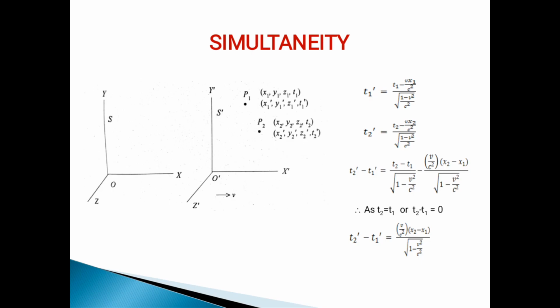Therefore, the time interval between two events as measured by the observer O prime is t2 prime minus t1 prime equal to v by c square into x1 minus x2 divided by square root of 1 minus v square by c square. This is not zero. This indicates that two events at x1 and x2 which are simultaneous to the observer in S do not appear simultaneous to the observer in S prime. Therefore, the concept of simultaneity has only a relative, not an absolute meaning.